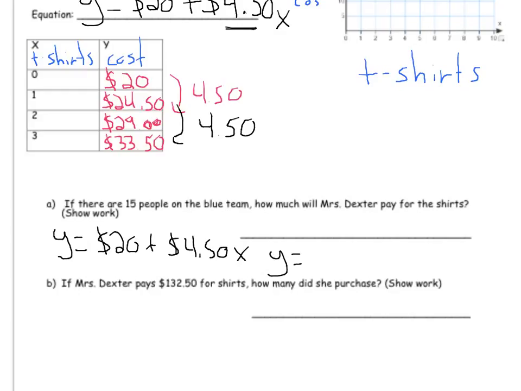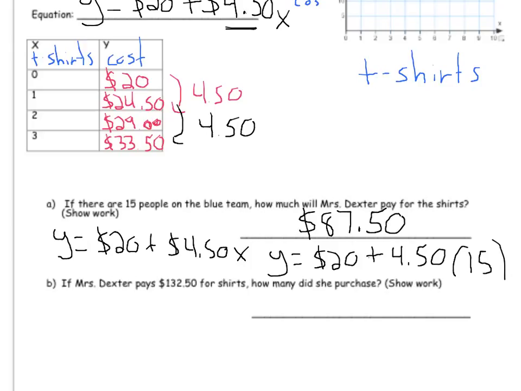So to calculate the total cost, it's going to be $20 plus $4.50 times 15. You put that in your calculator, and you're going to find out that that's going to be a total of $87.50.